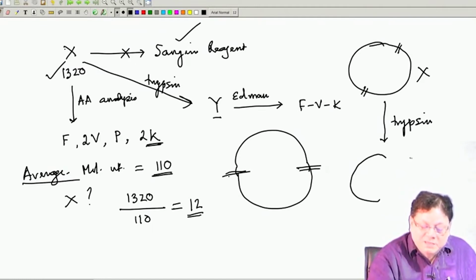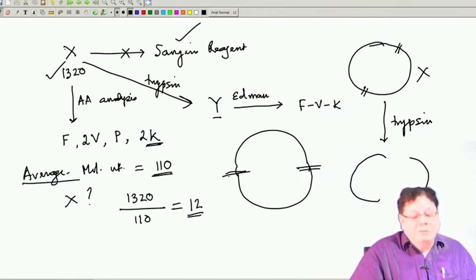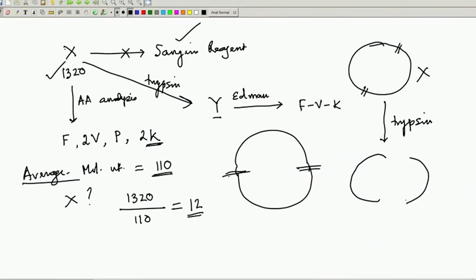You get 2 pieces. Although there are 4 lysines in X, there cannot be 4 cleavages, because 4 cleavages cannot give the same amino acid composition of Y.